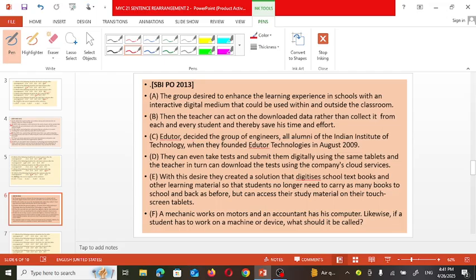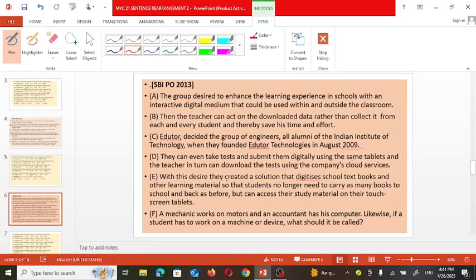Editor means those who are giving education, decided the group of engineers, all alumni of the Indian Institute of Technology. Then they founded Editor Technologies in August 2009. Next statement, they can even take tests and submit them digitally using the same tablets, and teachers in turn can download the test using the company's cloud service.